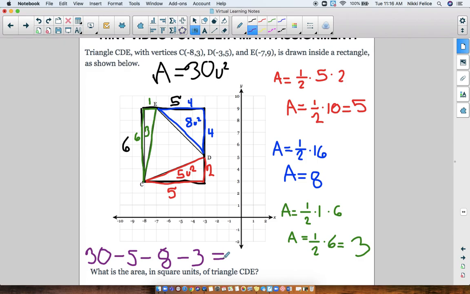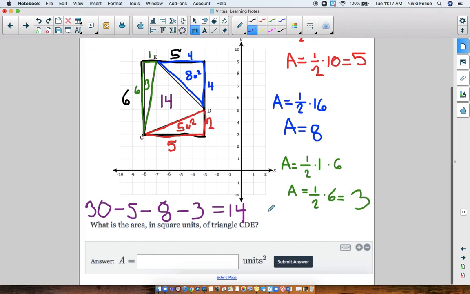Whatever's left over is going to be the area of the middle. So 30 minus 5 is 25, minus 8 is 17, minus 3 is 14. So 14 is the area of triangle CDE. When I go down here, I'm going to type in 14 units squared, and then click submit. That's the area of the middle triangle.